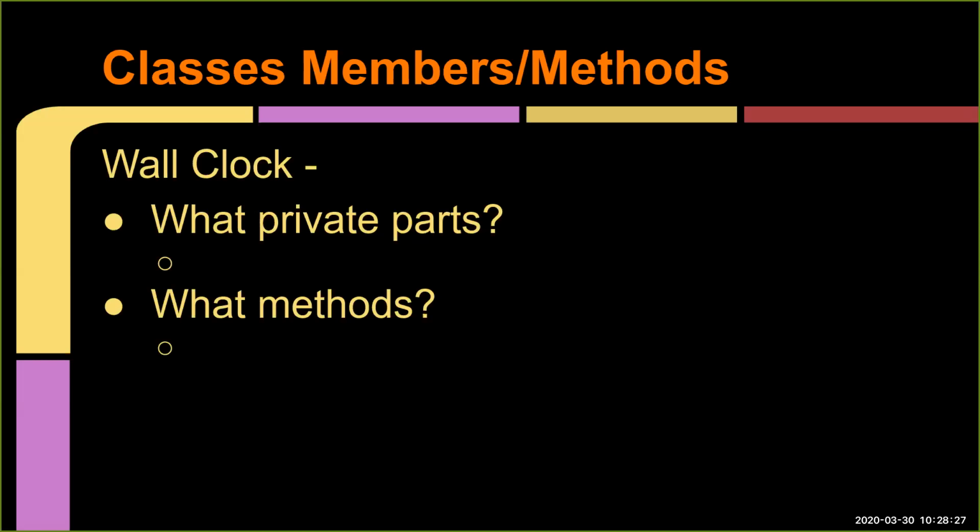And then what kind of methods? How do you interact with the clock? Well, you would need to get what time it is. Yeah, need to read the time. And then what else? When it's brand new, what is the first thing you have to do? Construct it. And what do you typically do when you construct it?